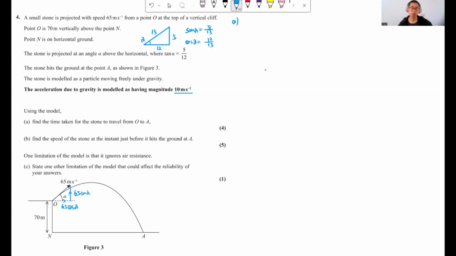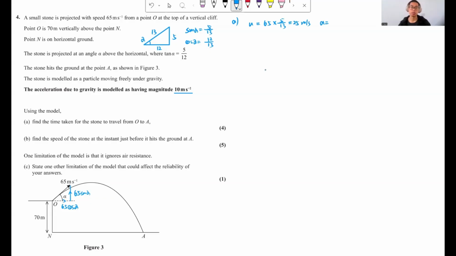So we have to use the vertical direction. For the vertical direction, the initial velocity u is 65 sine alpha, and sine alpha is 5/13. So 65 times 5/13 is 25 meters per second.